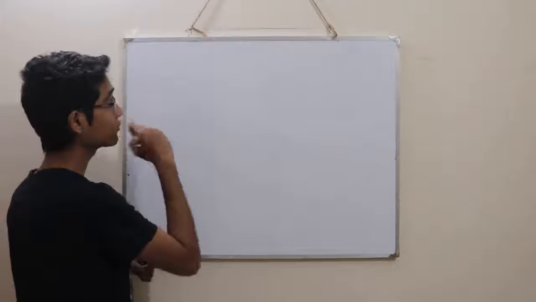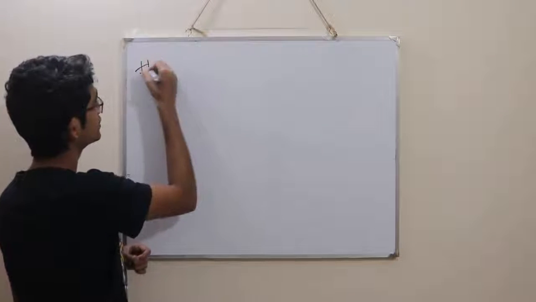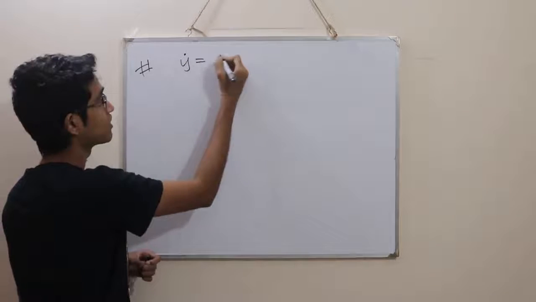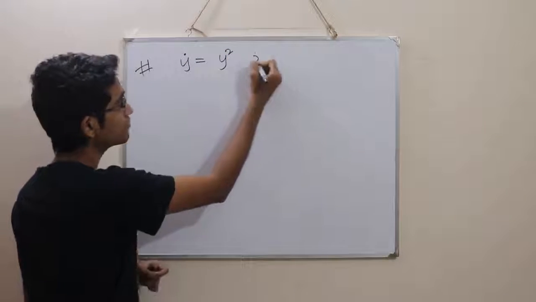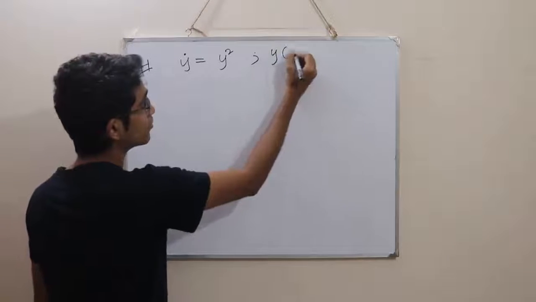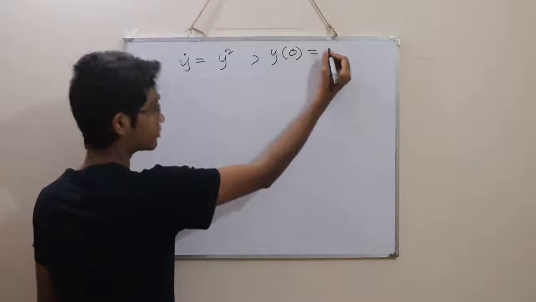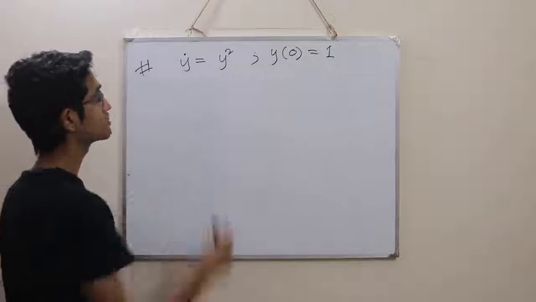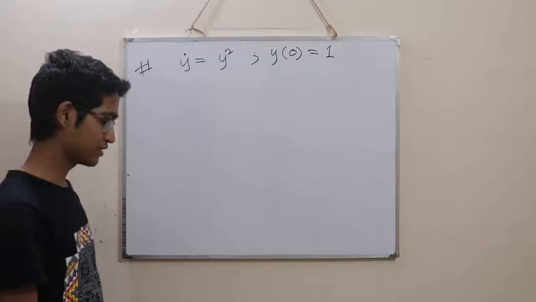So the equation that we are going to take a look at is y dot is equal to y squared, and we are given an initial condition y of 0 is equal to 1. So we are asked to solve this system and find a solution.